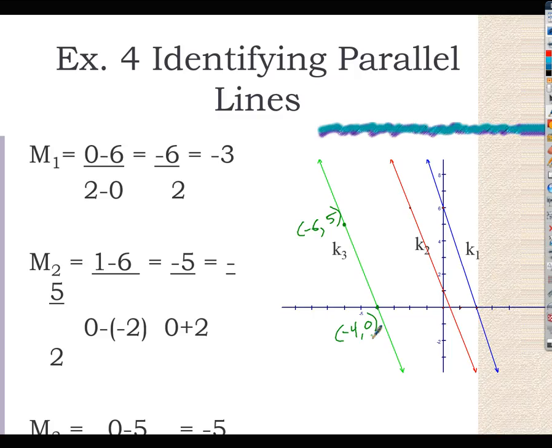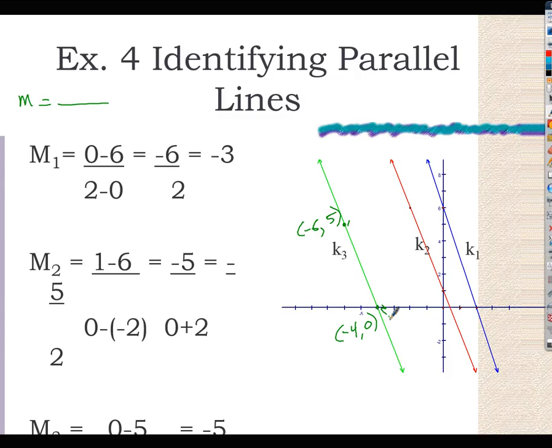The green slope is what minus what over what minus what? Which one am I going to call point 1? Yeah, the left one, because this one's further to the left. So that one's point number 1, and that one's point number 2.